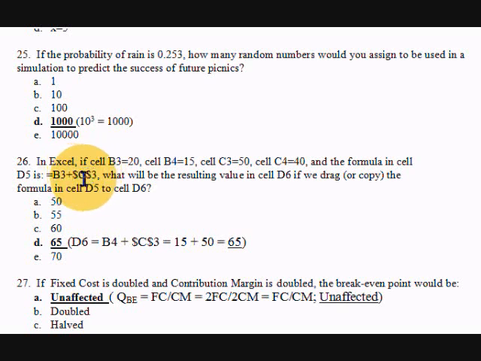So the formula is going to be B4 plus C3. In this case, it'll be 15 plus 50.